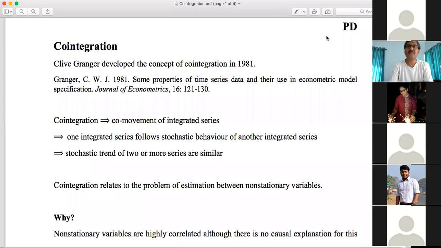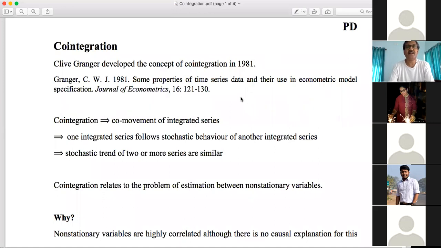Now, if we have time series data, before applying OLS or maximum likelihood in a multiple or simple linear regression model, we have to be careful. For that reason, we need another concept, that is co-integration. This concept was developed by Clive Granger in 1981, and it is a very famous work of Granger.